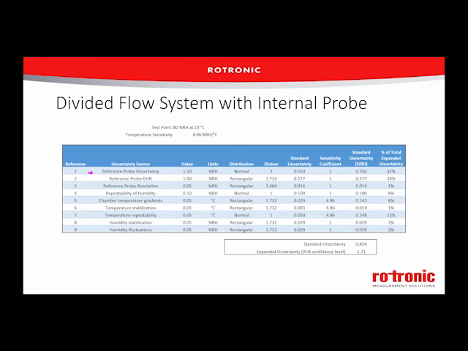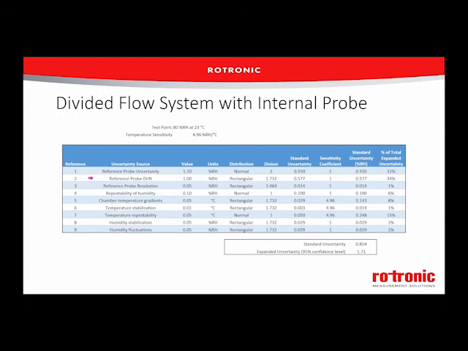Once we look at the drift of the reference probe, again, it's a new unit, so all we can go with is the manufacturer specification of better than 1%. So we've done a worst case estimate here of the 1% for the drift. But most of the rest of the items, they're exactly the same as what we had before.